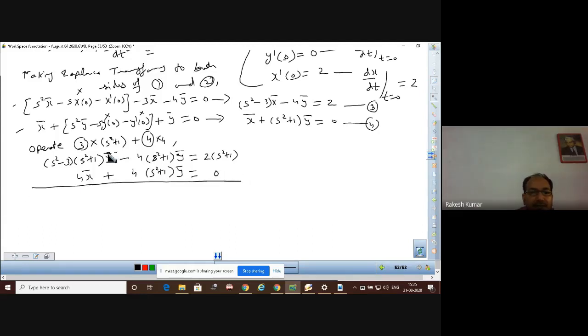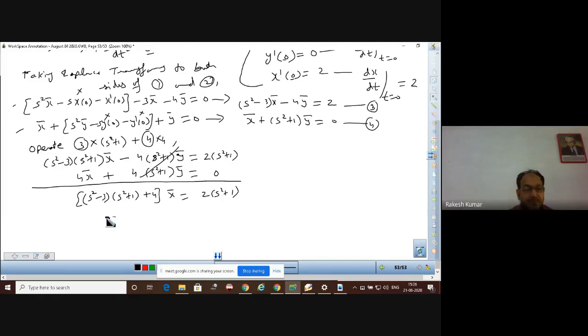Now, we will add these equations, so this term will vanish. Ultimately, the coefficient of x̄ will be (s² - 3)(s² + 1) plus 4, and that times x̄ is equal to 2(s² + 1).